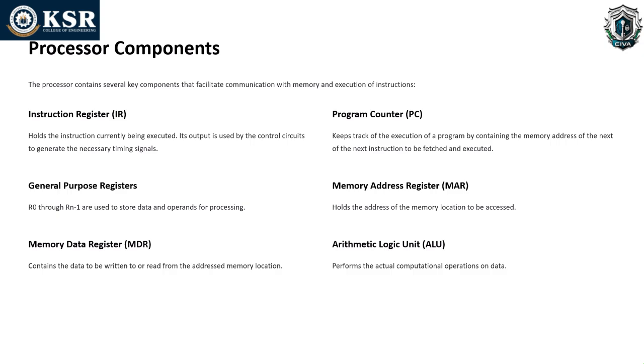General purpose registers store temporary data. The memory address register holds the address to be accessed in memory, while the memory data register holds the data itself. The ALU performs the actual computational operations like addition, division, subtraction, multiplication, etc., and logical operations like AND, OR, NOT, NAND, etc. Each component plays a specific role in controlling the flow of data and instructions between the CPU and memory.